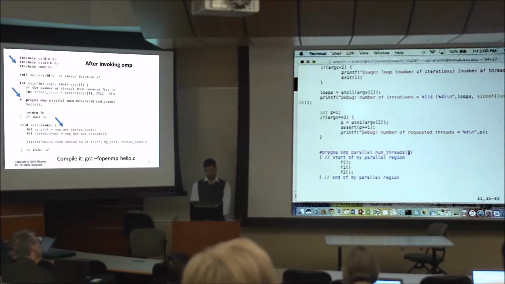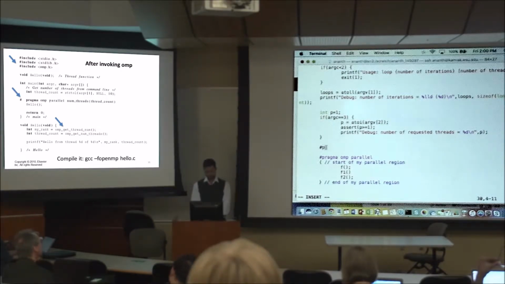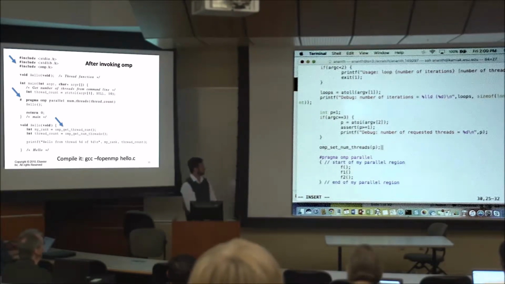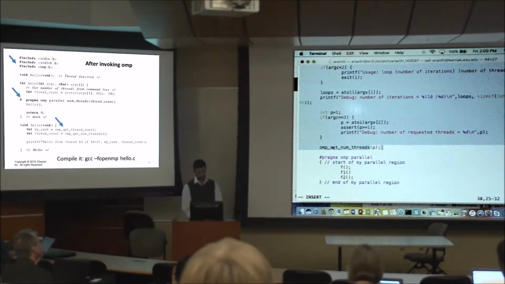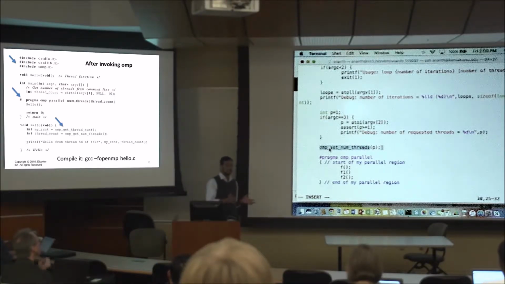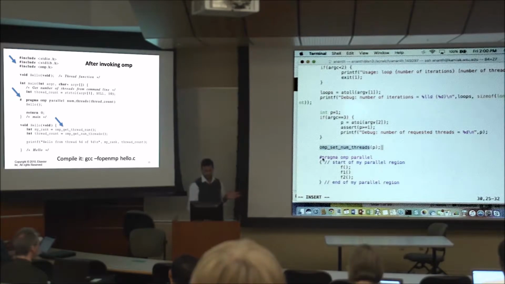There is also an alternative way of doing it. Instead of specifying it here, I can call omp set num threads to p. Sorry, it's not pragma OMP. So you basically call a function, and this function execution is happening from the master thread, and it's saying I want to set the number of threads to p, but those p threads will be active only when I enter a parallel region.